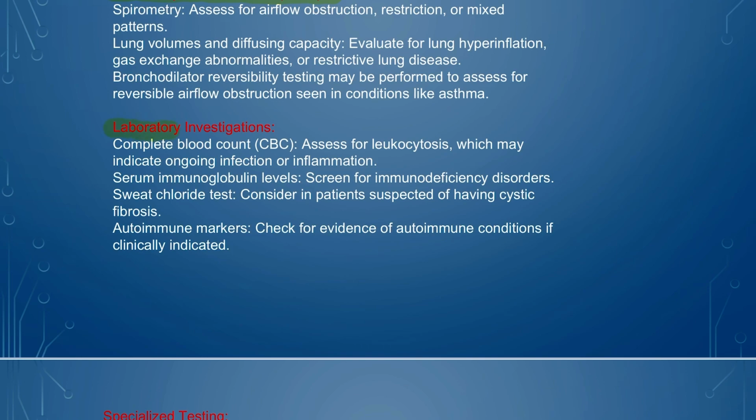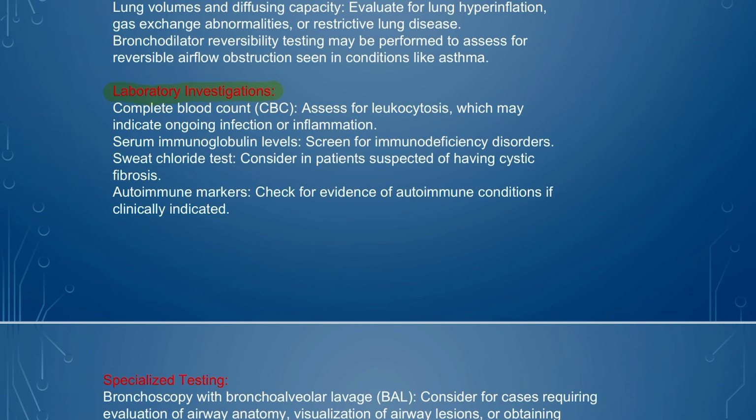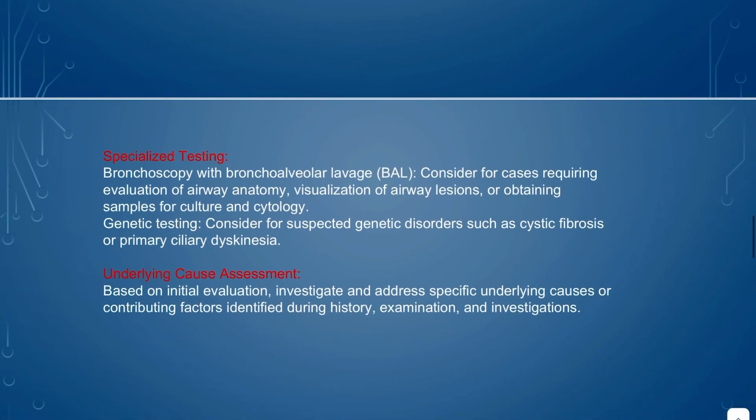For laboratory investigations, we want to do a CBC to look for leukocytosis. Serum immunoglobulin levels are important to screen for immunoglobulin deficiencies, and autoimmune markers to check for evidence of autoimmune conditions. Obviously, if it is clinically indicated, then we do these blood tests as well.